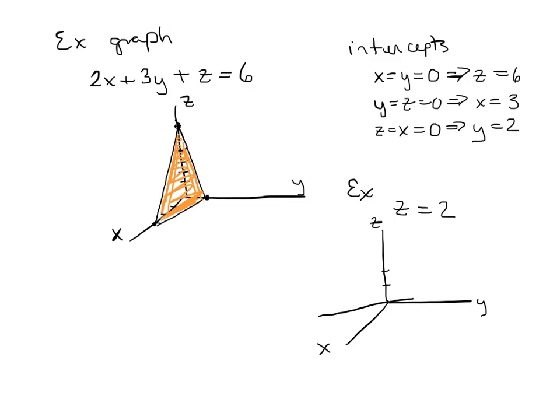So I'm just going to draw some lines that are parallel to it and say it goes through 2. So it is a piece of paper that's sitting up at 2 and kind of going into and out of the paper from 2.